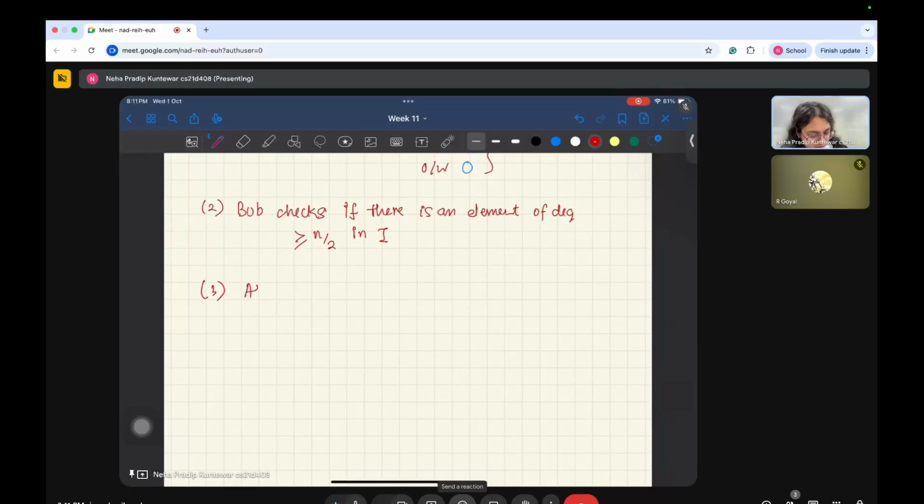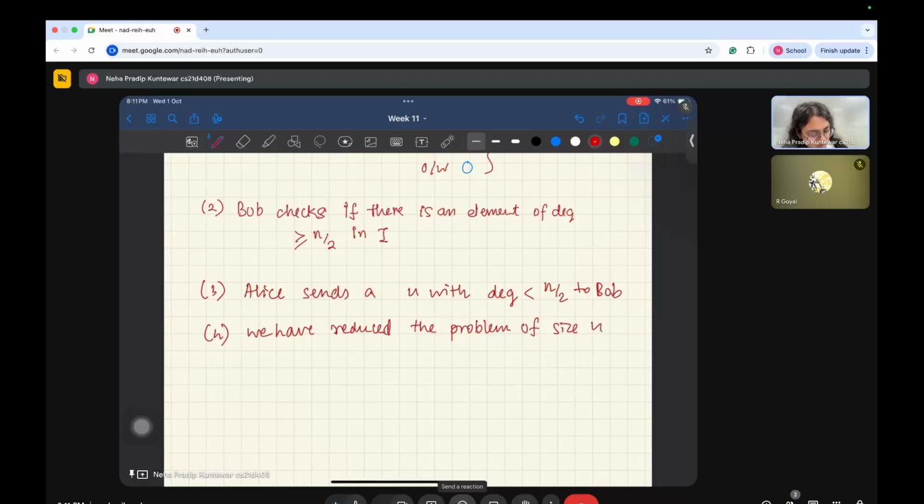Third thing is that Alice sends a U with degree less than n by 2 to Bob, and now we have reduced the problem of size n to size n by 2, and we will repeat steps 1 to 4 again until it terminates.